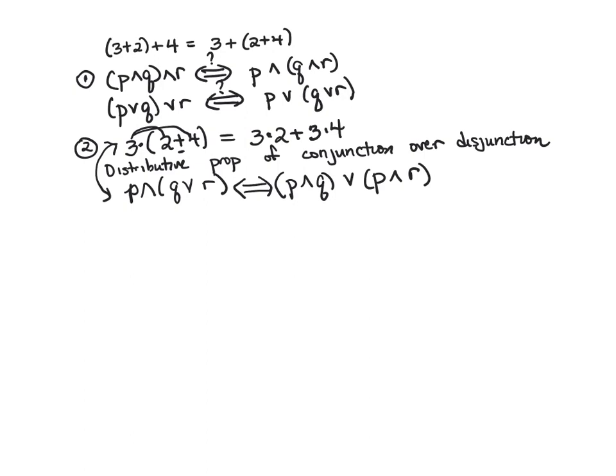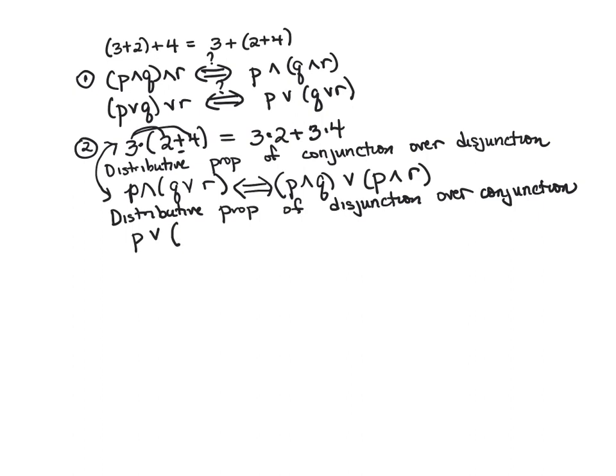And similarly, for the distributive property of a disjunction over a conjunction, we have P or, now the disjunction's on the outside, the conjunction's on the inside, and we're asking, is that logically equivalent to P or Q and P or R?